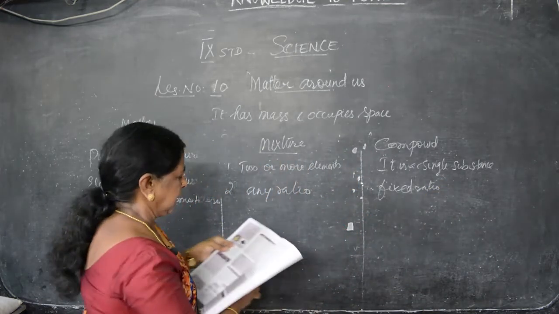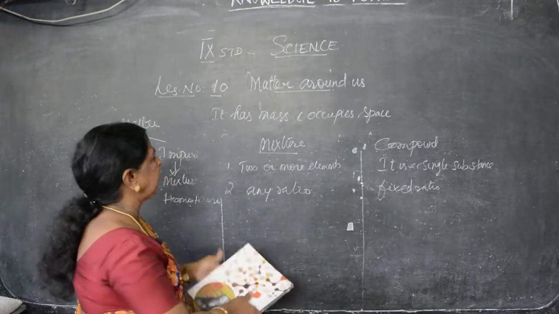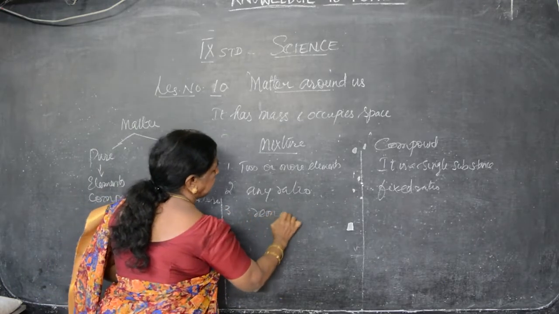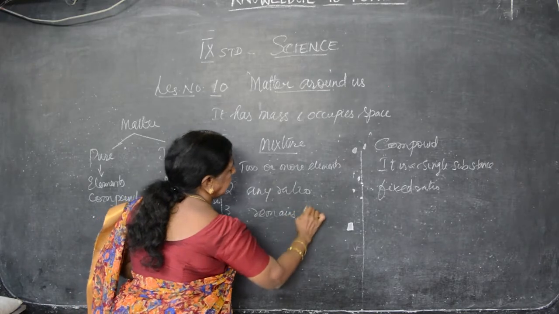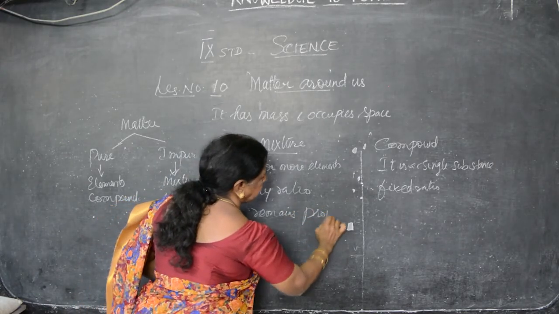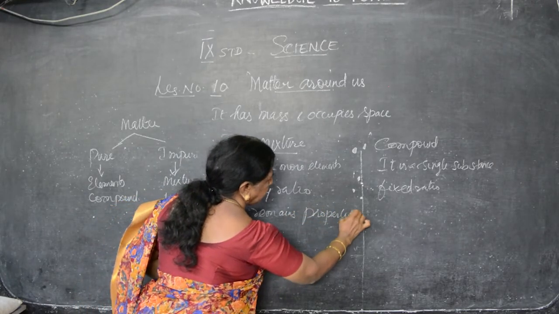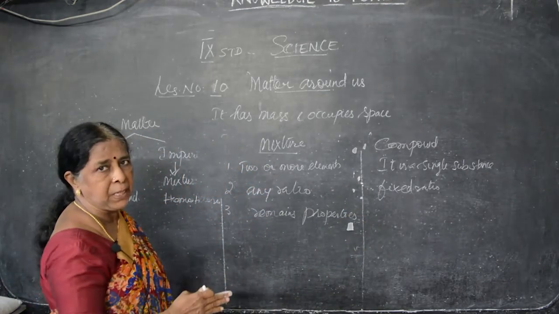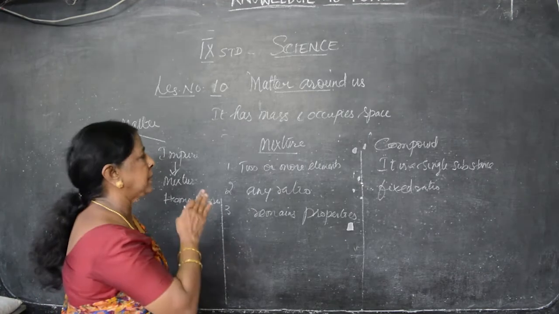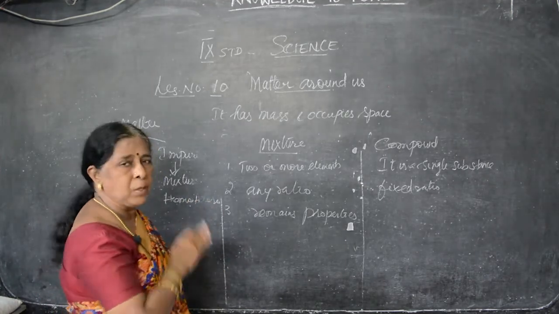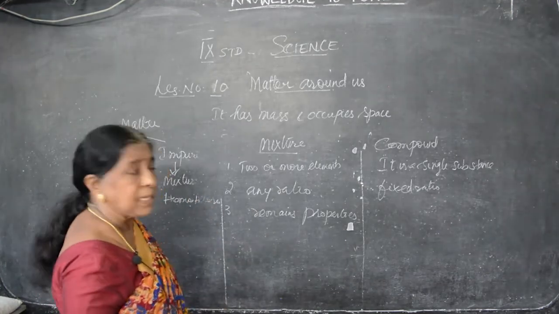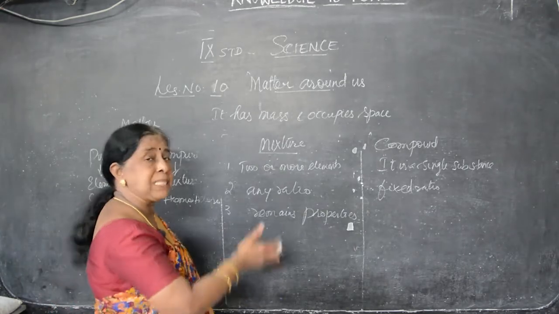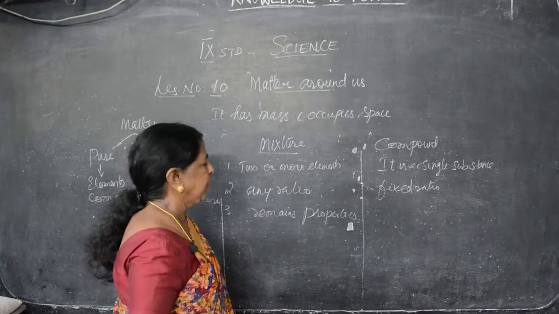Next one, it shows the properties of its constituents. So the properties remain, they are not changed. For example, air: oxygen, nitrogen, carbon dioxide, they retain all their individual properties even though they are mixed together and become a mixture.